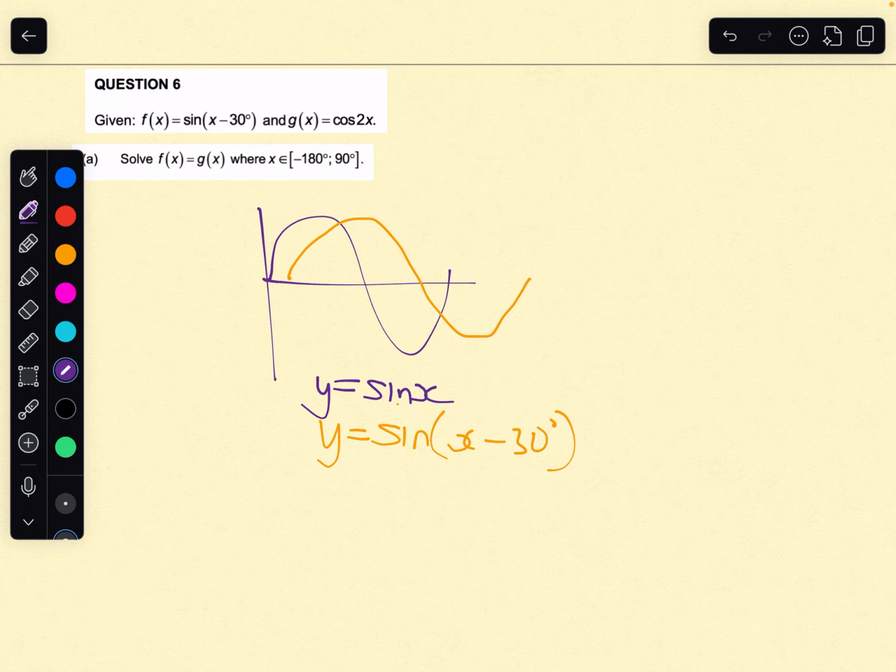Where this one would cross at the origin, this one will intercept at 30 degrees, and where this one's next x-intercept is 180, this one will be 30 units later, so 210 degrees, and so on and so on. So that's the one thing.